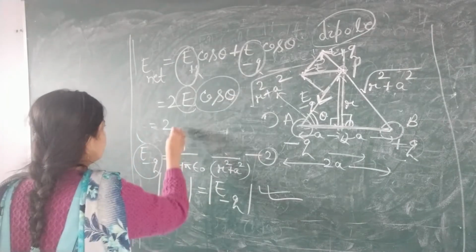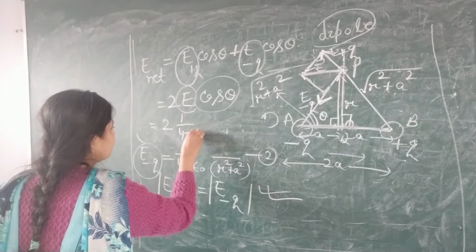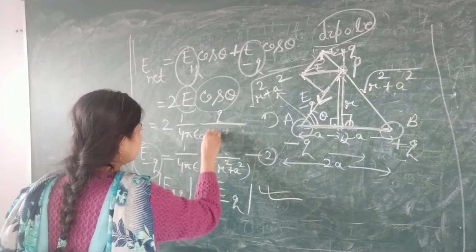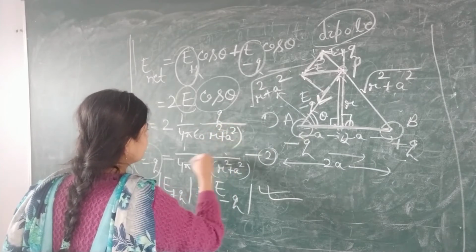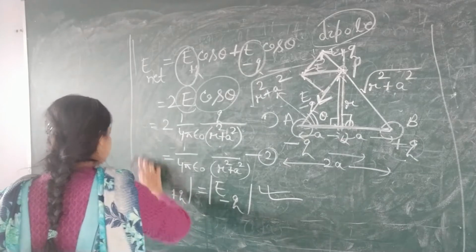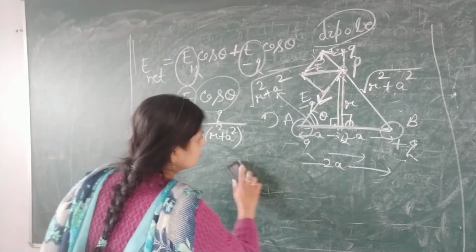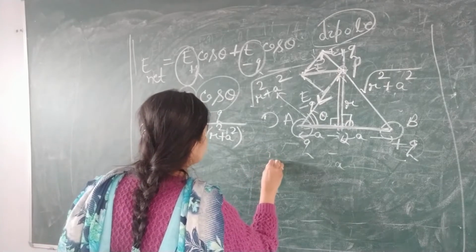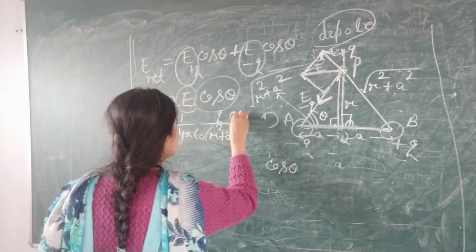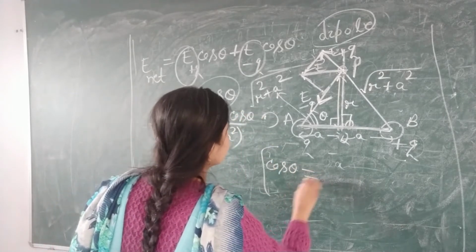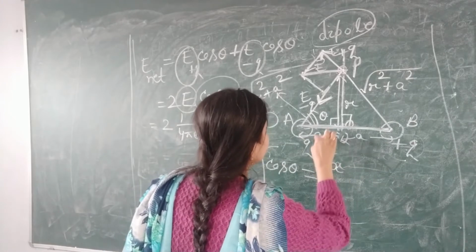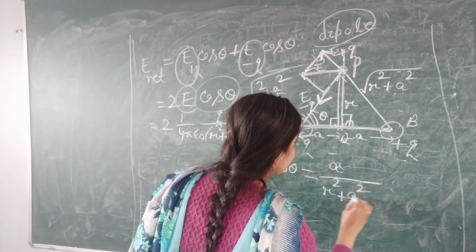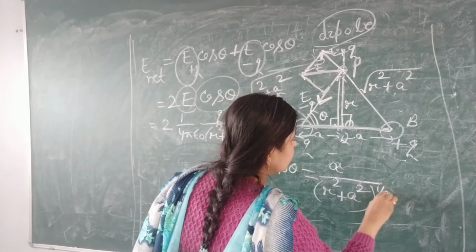E is equal to 1 by 4 pi epsilon naught into q divided by r square plus a square, into cos theta. What is the value of cos theta? Cos theta is equal to a divided by the square root of r square plus a square, that is power 1 by 2.